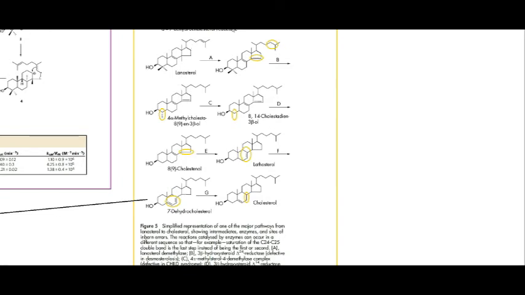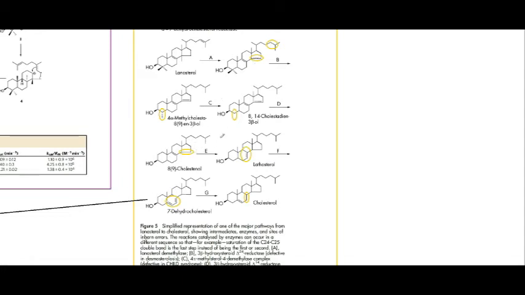A is just adding double bonds on these carbons here. Well, it's adding one here and getting rid of one here. And then B is removing a methyl group. C is removing that other methyl group. D is now removing this double bond, which seems kind of weird since we just added it. Now it's taking it away.